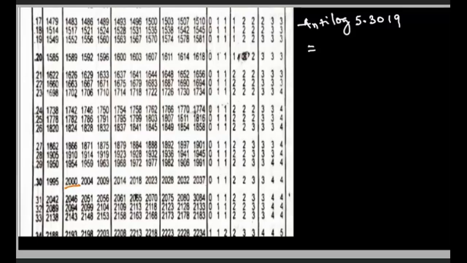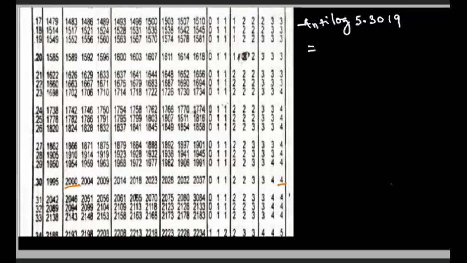There is difference of 1, 2, 3, 4, 5, 6, 7, 8, 9. So difference of 9 is still 4. So 0.30 under 1 is actually 2000.